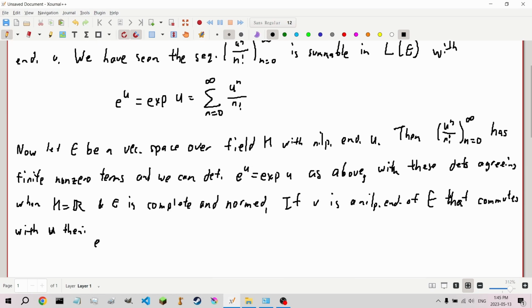that e to the u times e to the v is equal to, of course we can just directly substitute in their definitions first off.